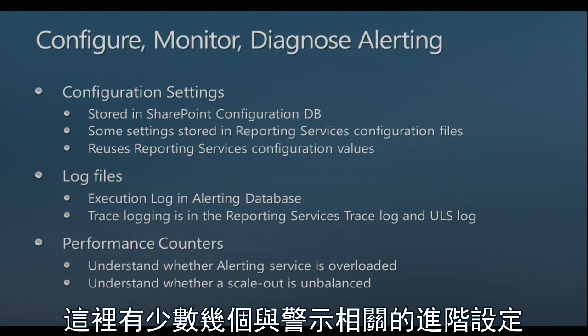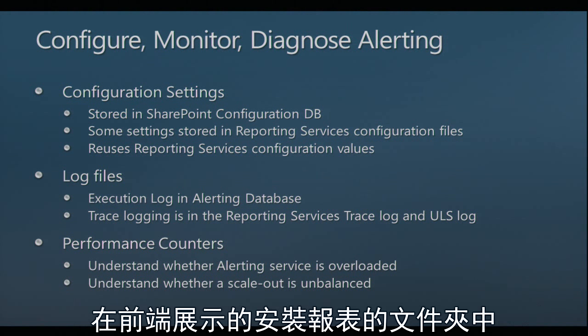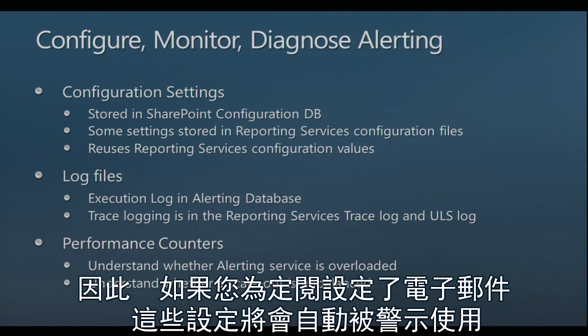There's a very, very small set of extremely advanced configuration settings related to alerting, and those can be found still in the report server configuration file that's installed, and that's in that folder where I showed you where Reporting Services was installed. The last thing to say is that alerting reuses the configuration settings that you have configured for Reporting Services. So if you've configured email already for your subscriptions, those settings will automatically be used by alerts.